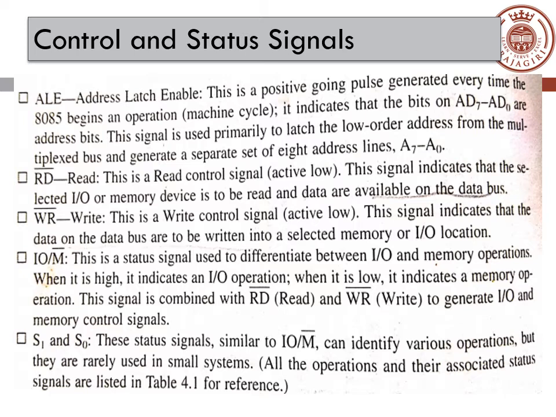We are seeing the multiplexed address bus, starting from AD7 to AD0, which can be used either as the address bus or as the data bus. The address bus A8 to A15 is fixed for the higher order address and is not multiplexed, but the lower order address bus is multiplexed.